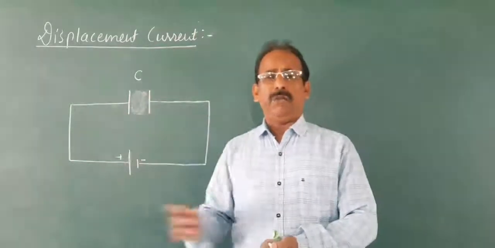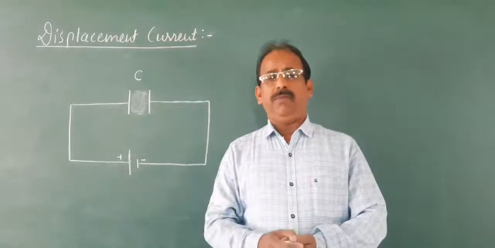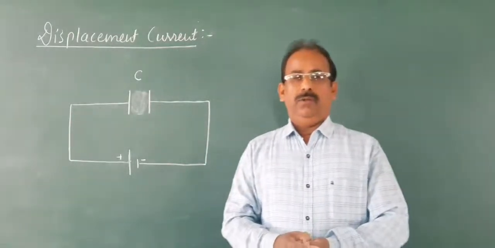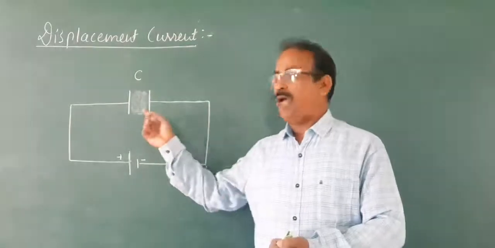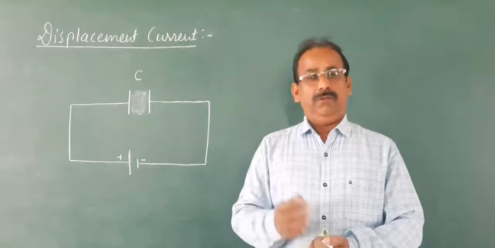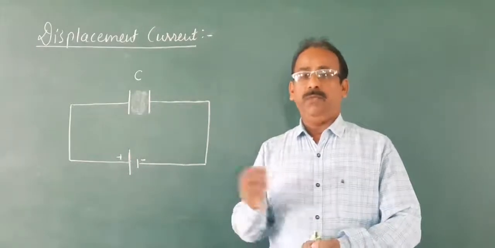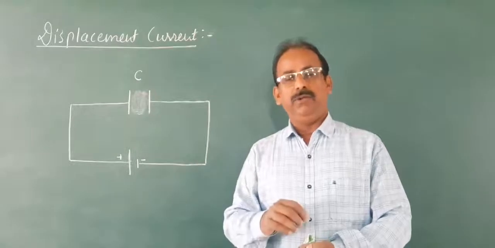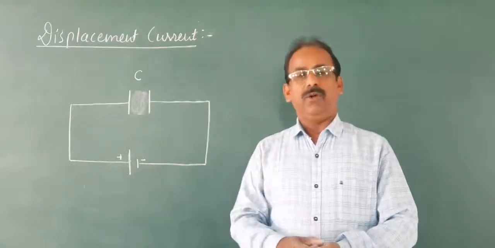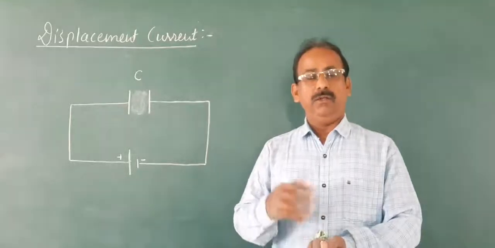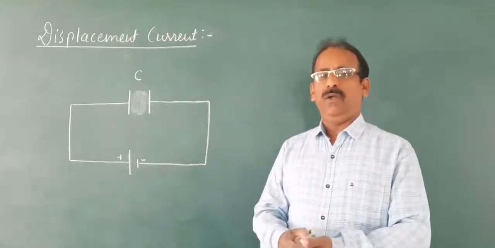The current that we get in this dielectric medium is due to bound charges. This current that we get in the dielectric medium of the capacitor due to bound charges is called displacement current.